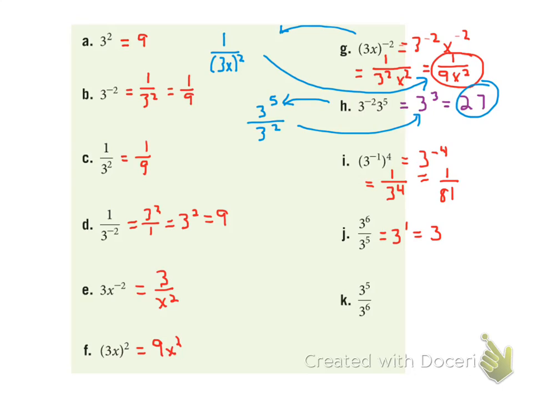Exactly, yep. How about K, Nicole? You subtract the exponents and you get 3 to the negative 1 power, and then put 1 over 3. Very good, 1 over 3. Any questions on any of those?